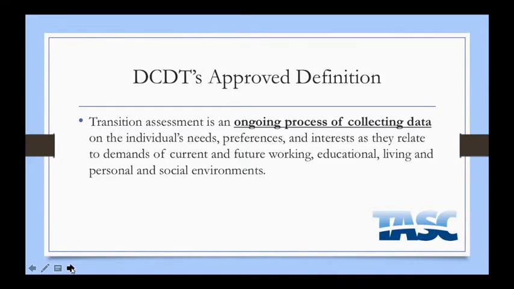So assessment data really serve as the common thread in the transition process and form the basis for us defining goals for students and services that are related in that IEP.